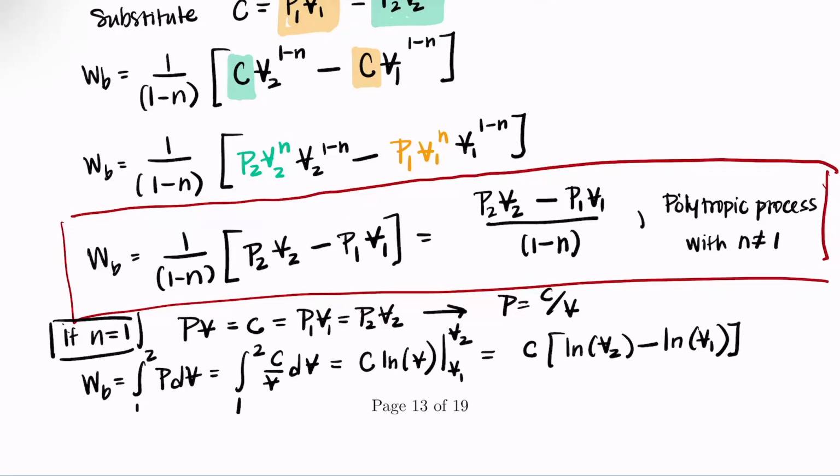Does anybody remember how we can rewrite that expression with the natural log? Yeah, so if we subtract 2 natural logs, it's just like the natural log of those 2 things divided, right? So we have C times the natural log of V2 over V1.